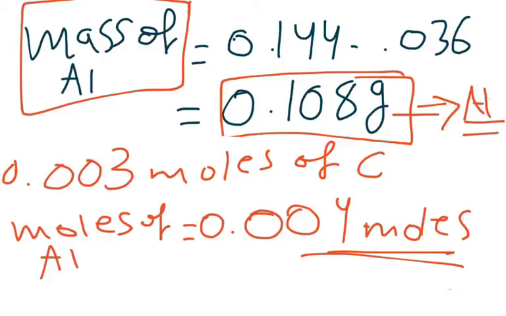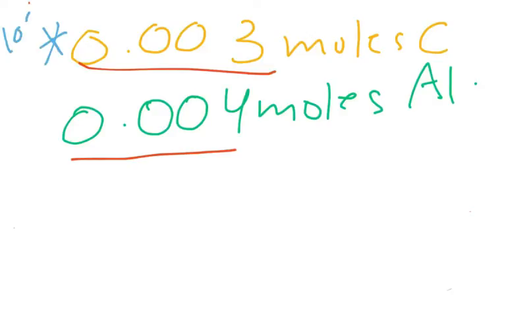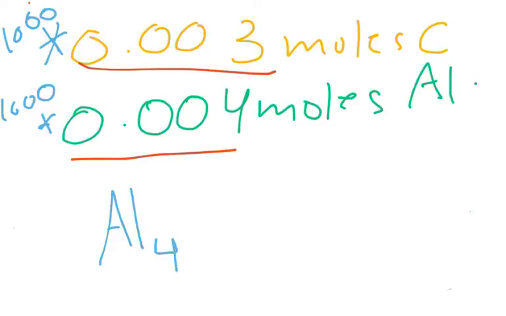Okay, so I just wiped down the previous ones. So we have 0.003 moles of carbon and 0.004 moles of Al entering the reaction. Now the ratio between them is the same. If I multiply this by 1,000 just to get an integer, and I multiply this by 1,000 just to get an integer, I would have Al4C3.